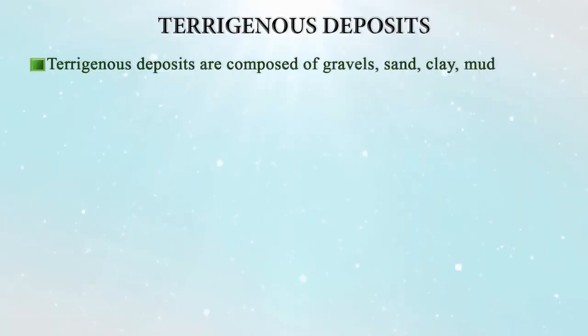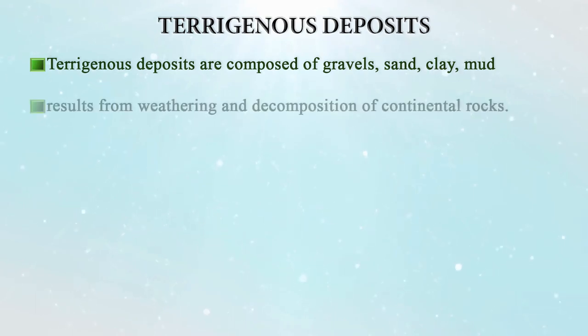Now in terrigenous deposits, I will not go into the introduction because we have already become acquainted with these deposits: they are continental in origin, and they are composed of gravel, sand, clay, mud, which result from the weathering and decomposition of continental rocks.